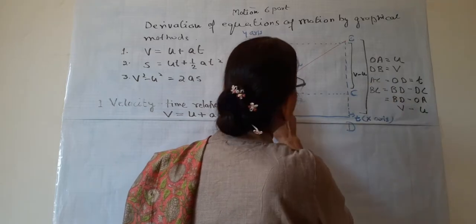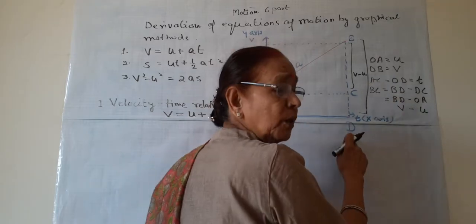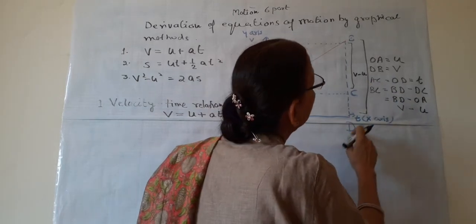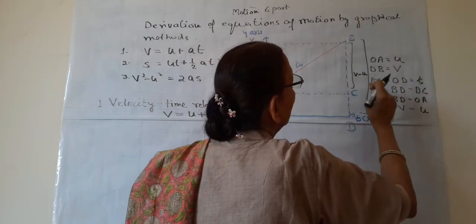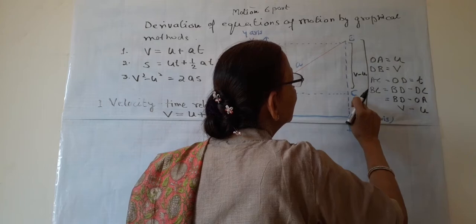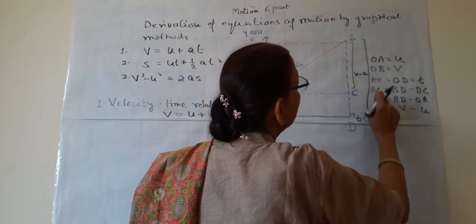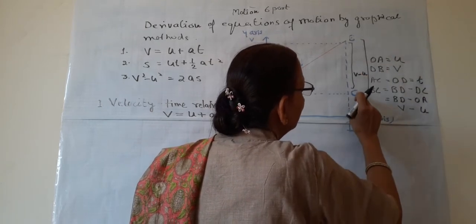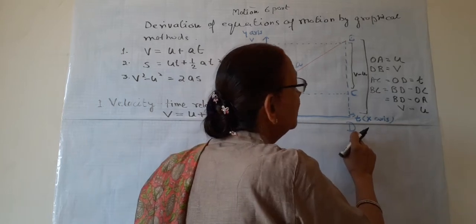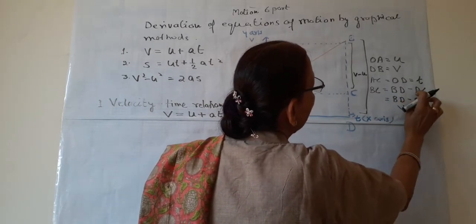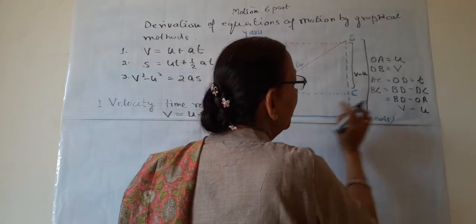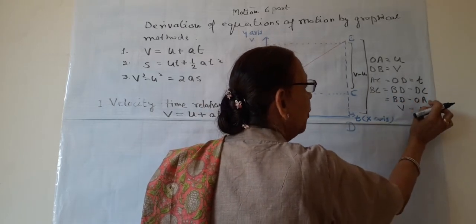Now this AC is equal to OD, both are parallel and same, and this shows time interval t. Now we want to know what is this BC. This BC is this BD minus this CD or DC, one and the same thing. So it is equal to BD minus OA.